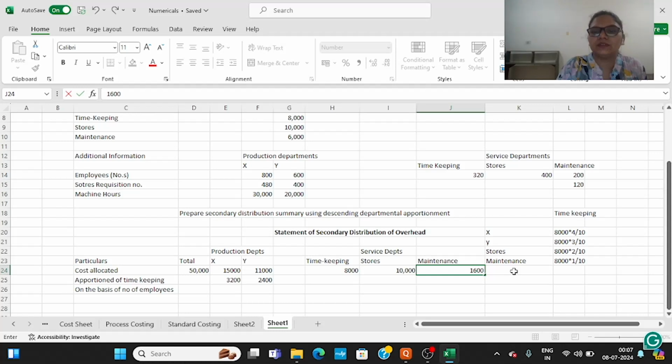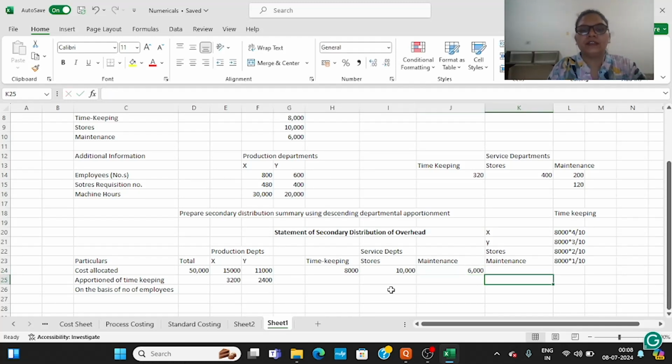I think there is a certain calculation mistake I'm making. Actually, we forgot to copy side by side.